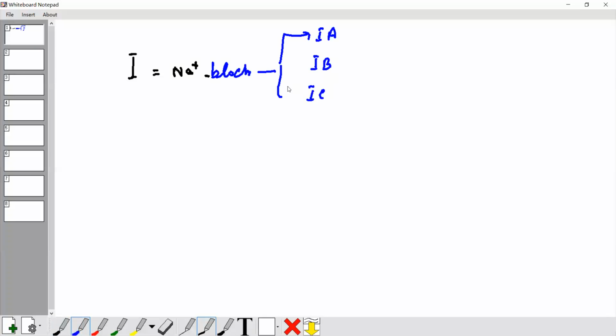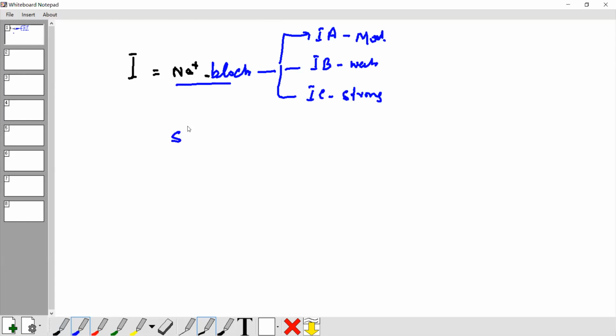Which one is very weak? Weak blocker. Yes, sir. 1B. 1B is weak. Which one is very strong? 1C, very strong. How about moderate? 1A. Okay.